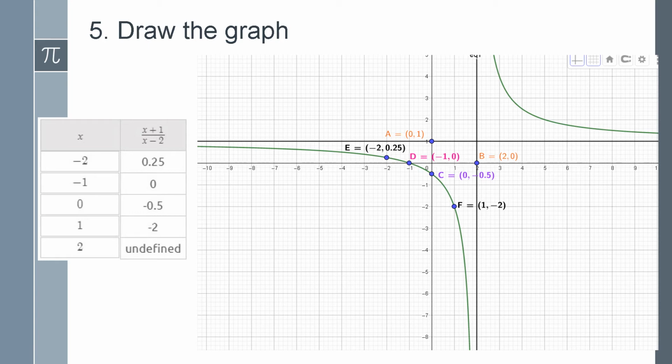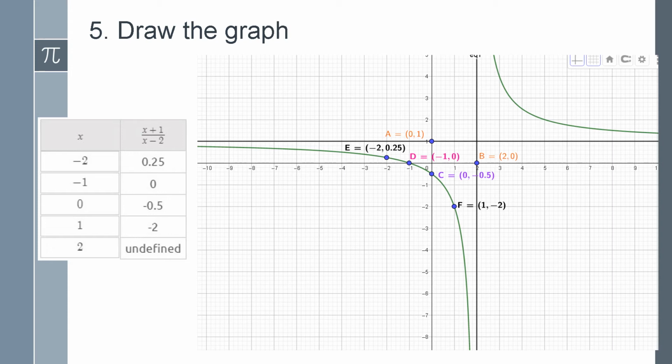Gaya nga ng sabi ko kanina, yung domain natin or yung x values, so kahit anong values yan ng x, but excluding the vertical asymptote value. So we have the x values here, -2, -1, 0, 1, or pwede nyo siyang dagdagan para mas mapadali yung pagdadraw nyo ng graph.